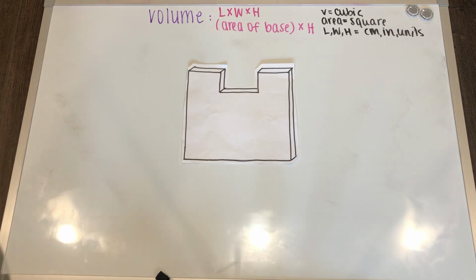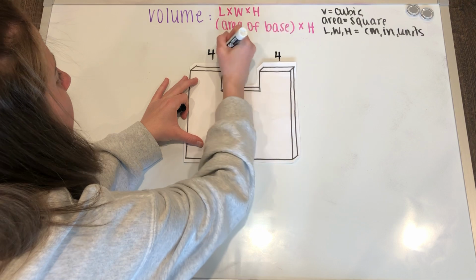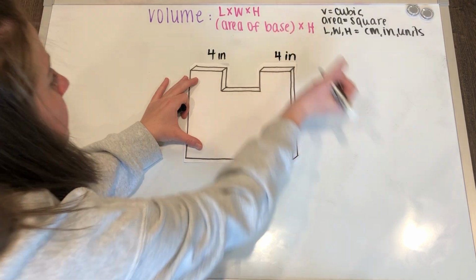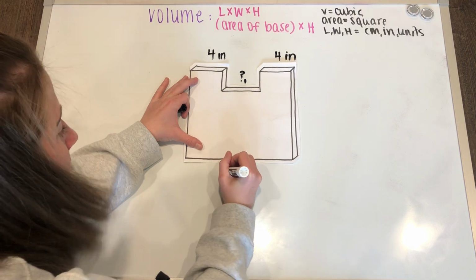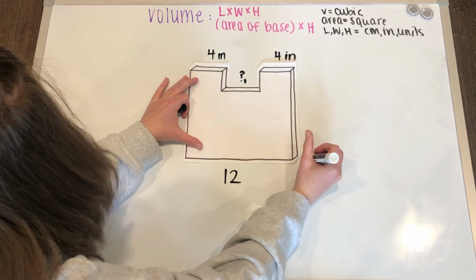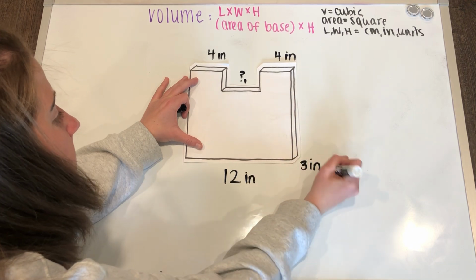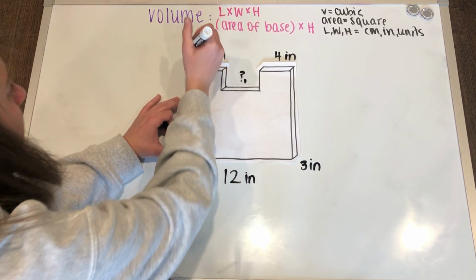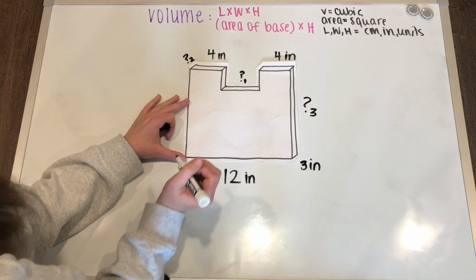So we know that this is 4, and this is 4. That this is 12. This is 3. And I'm putting some question marks because we have to figure out what that is.